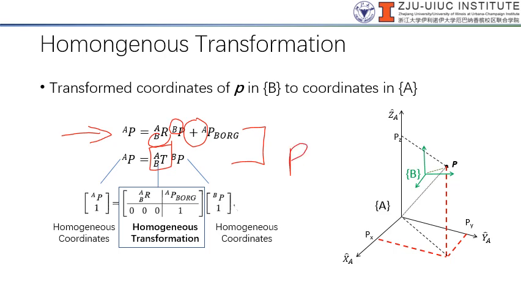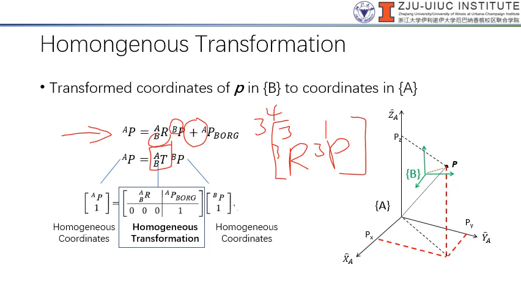If you recall, your R is a 3 by 3 matrix. Your P is a 3 by 1 matrix. So this whole thing is going to be a 3 by 4 matrix, right? But the homogeneous transformation matrix is a 4 by 4 matrix, with the same number of rows and columns, and we like that kind of property.